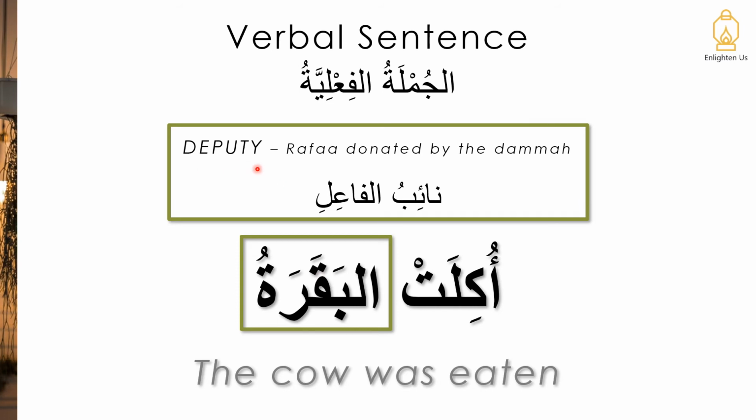And it deputizes for the fa'il. So we call it na'ib al-fa'il, and that's what the word na'ib means. It's to deputize. It steps up and it becomes in place of the fa'il without actually being the fa'il, and we write it in with the dhamma. So we write it in rafa, even though it's not actually a fa'il.